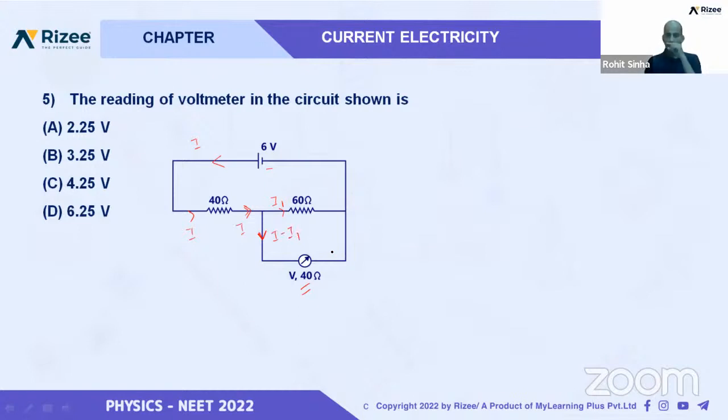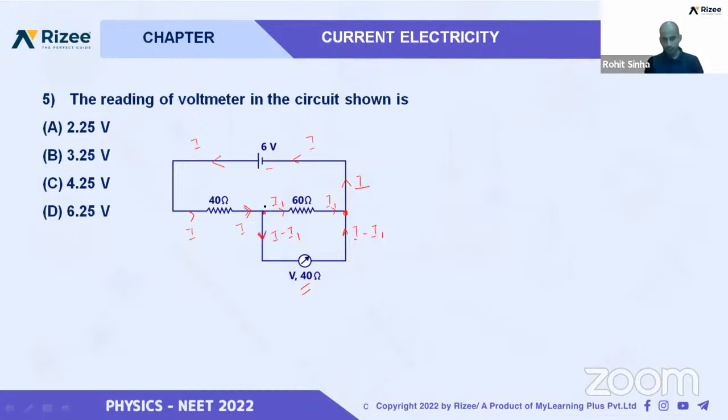Any problem to anyone? I1 will go here, and from here the current will be I minus I1. At this junction, I1 and I minus I1 both add up, and you will get I here and I will flow here. This is the current distribution we have done here.